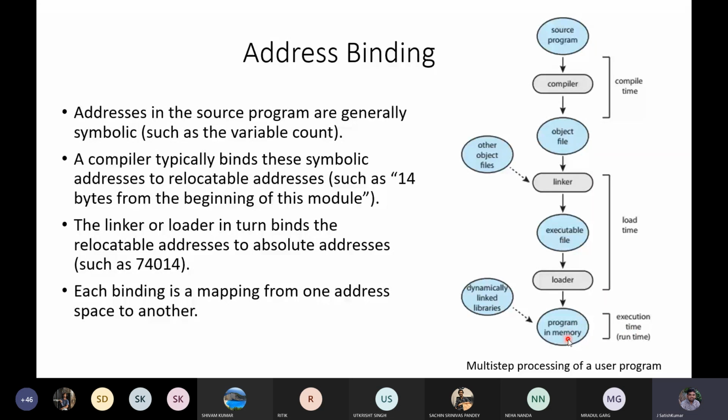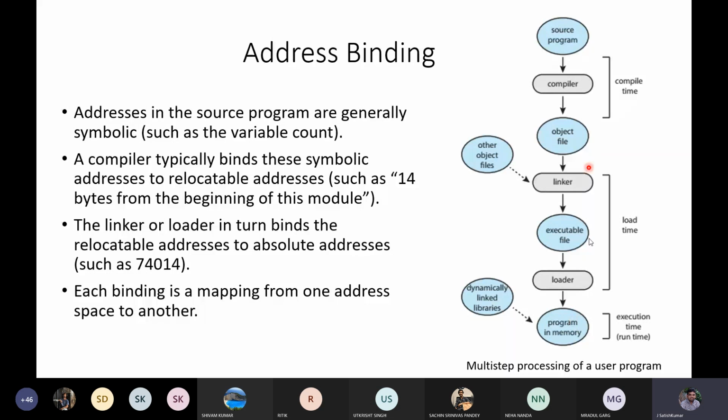Typically, these are the steps behind the screen: you convert your source program into an object file, and this object file is loaded into the memory and it will run.